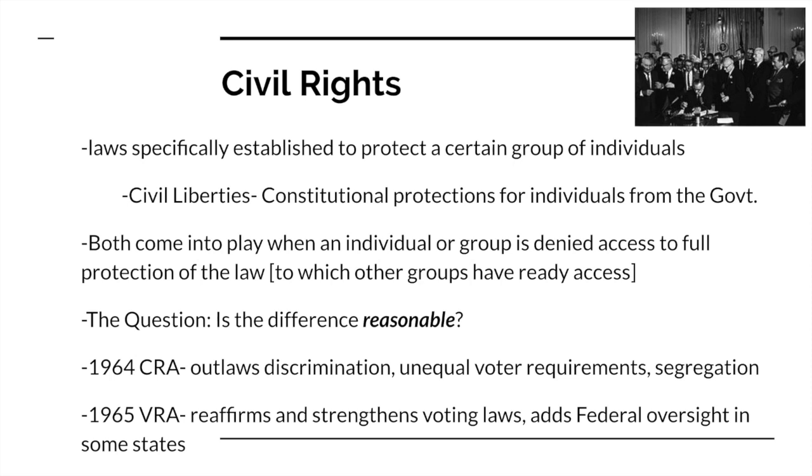So think of civil rights as protecting against discriminatory action, singling somebody or some group of people out because we don't want to allow them to do X, and saying that's not okay anymore. Whereas with civil liberties, we're saying the government is trying to stop everybody from doing this. That's not okay anymore. So hopefully we can see the difference between those two. Civil rights are a specific group or protected class, whereas with civil liberties the government is trying to deprive people of something.